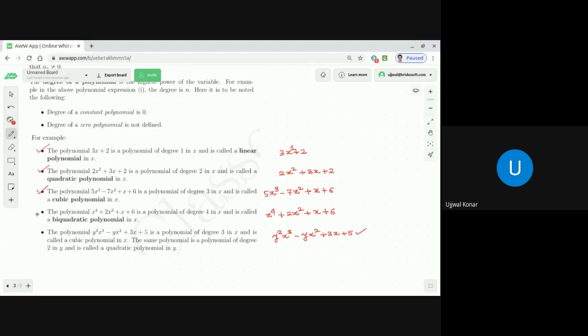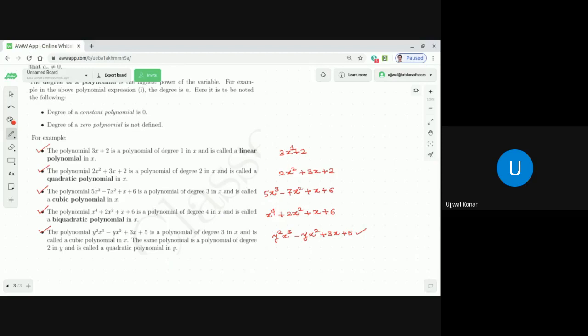So depending on the variable we are considering, we can say what degree that polynomial has. But in our class, in our syllabus, we should be completely focused on polynomials of one variable, where the variable is only 1. So you understood, students?